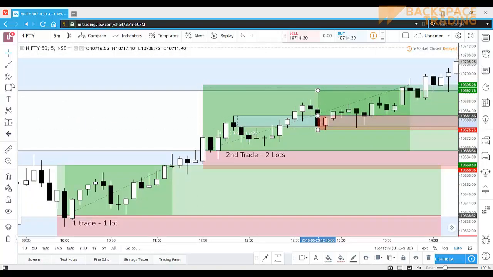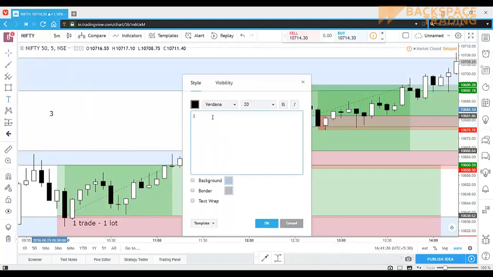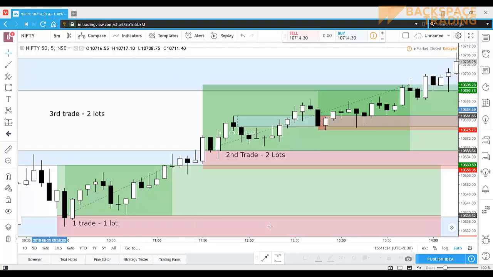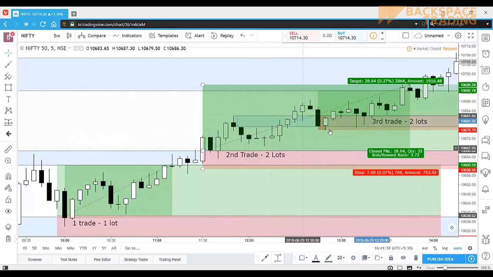This time, third trade, and the quantity shall have 2 more lots. So a total of 4 lots is controlled by you right now.